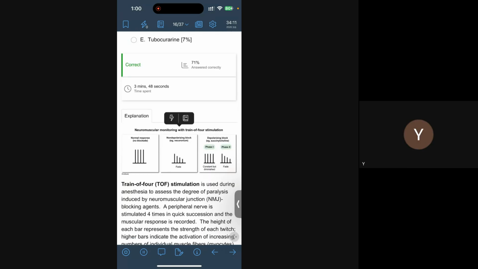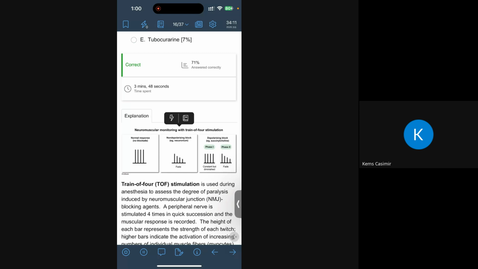I did not understand, doctor. Okay, whenever you are using non-depolarizing blockers, you are going to see a fading response. In this test, we stimulate the muscle by stimulating the nerve 4 times, and the height of each bar represents the strength of the contraction.